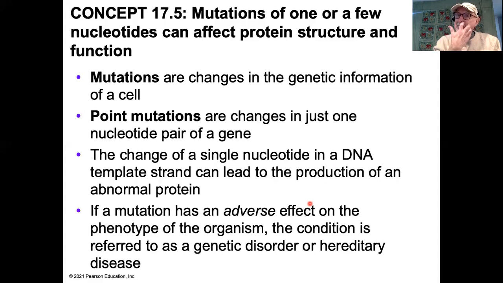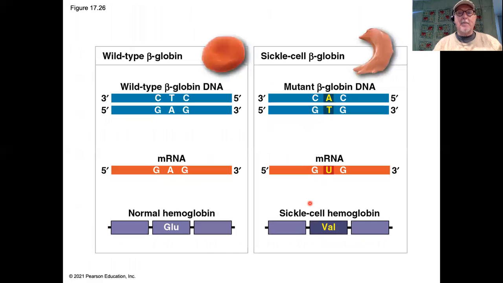So it could actually have drastic effects on the functioning of the protein, and especially on the functioning of enzymes, whose function is intimately tied to the sequence of amino acids in the polypeptide that make them up.